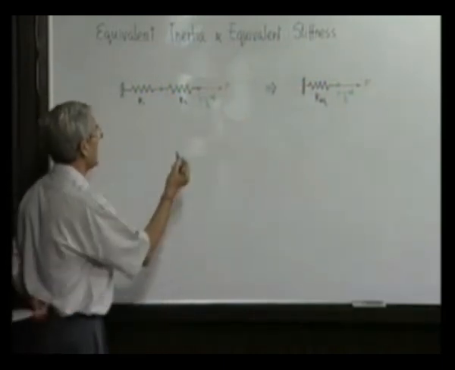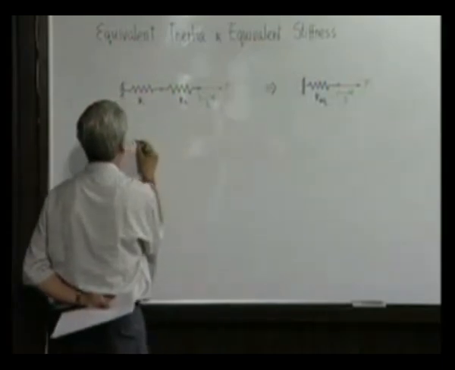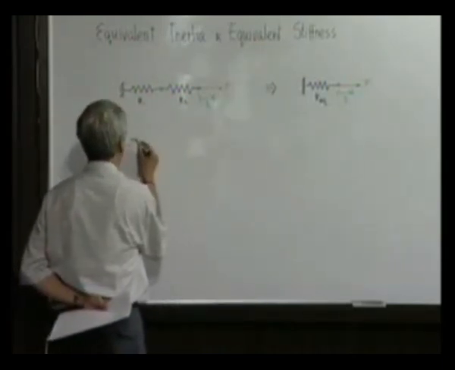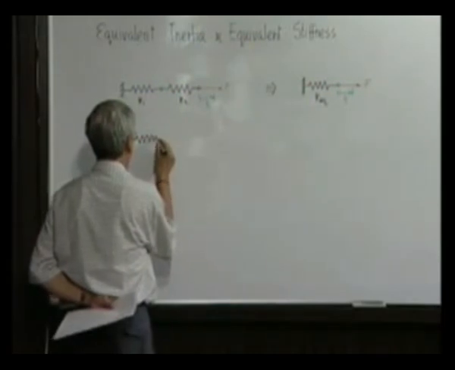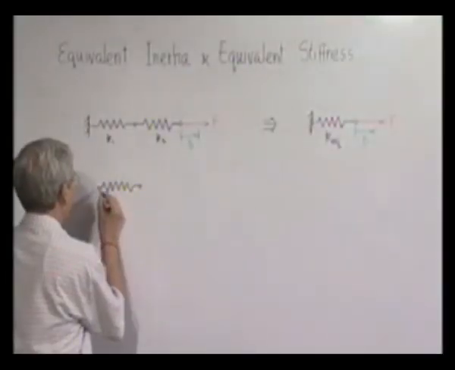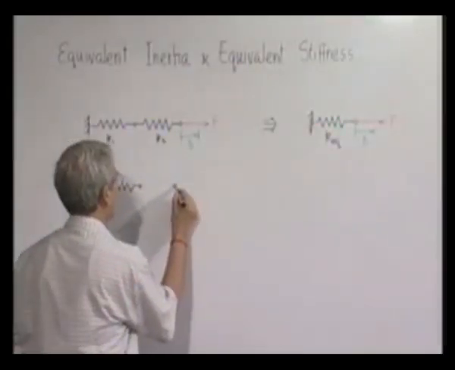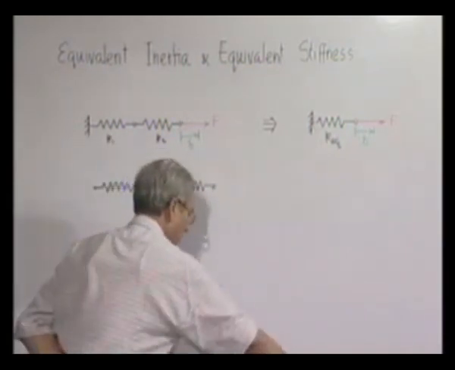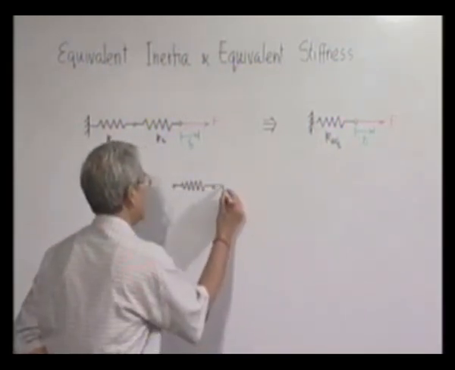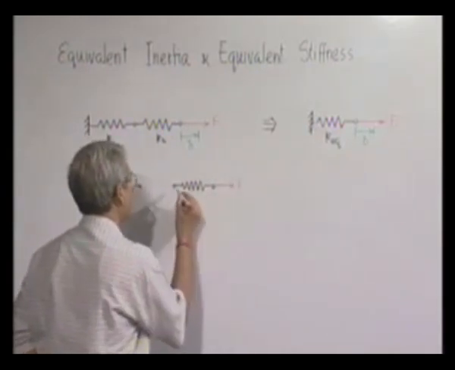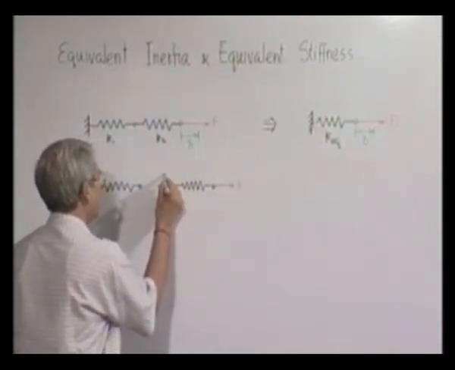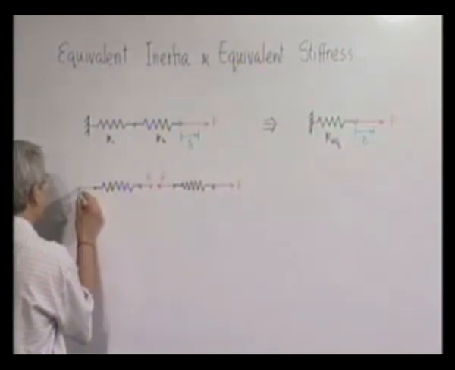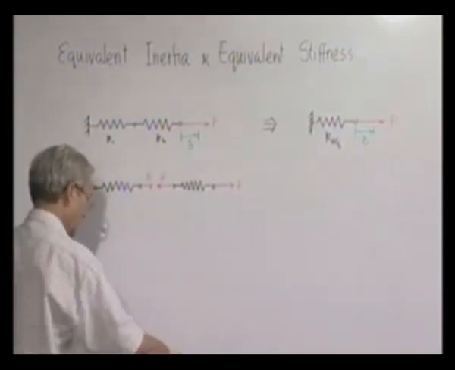It is the same force F, because if you draw the free body diagram, it's quite trivial, but the force acting on the second spring is F, and the same force is acting on the first spring.